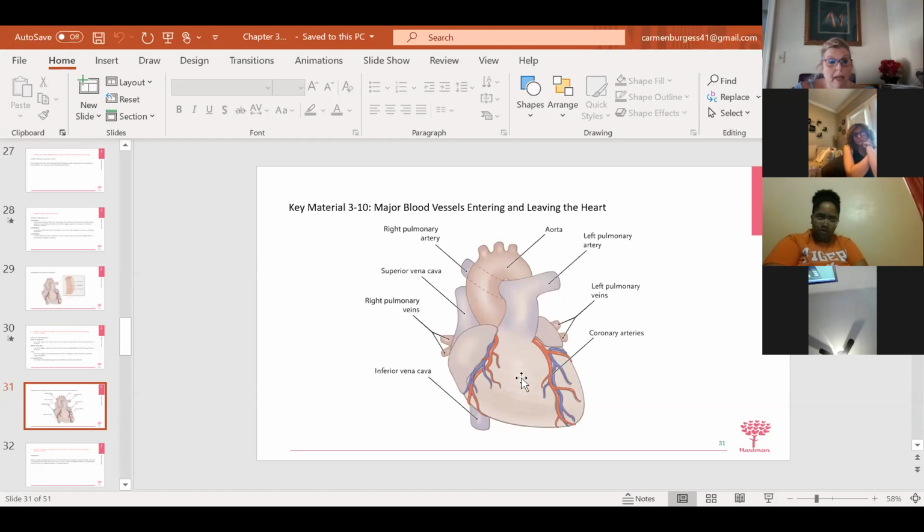This is the only place you're going to see the exact opposite of what we already talked about. The pulmonary arteries in the heart actually carry deoxygenated blood. The pulmonary veins carry oxygenated blood. It's just how it is.